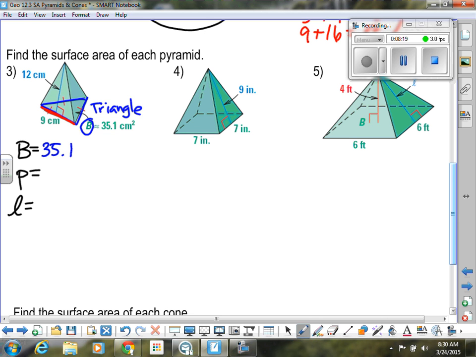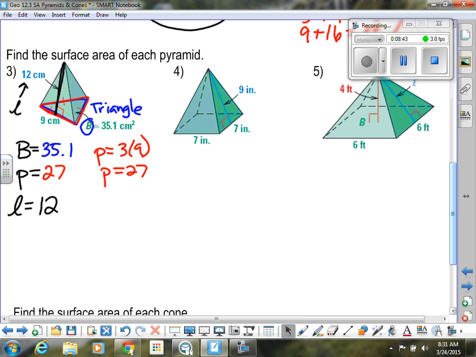So I'm going to have 9 plus 9 plus 9, or in other words, 3 times 9. So my perimeter is going to be 27. And then in this one, they actually gave me the slant height. They gave me that this is 12. I didn't have to do any work on that. That's nice.